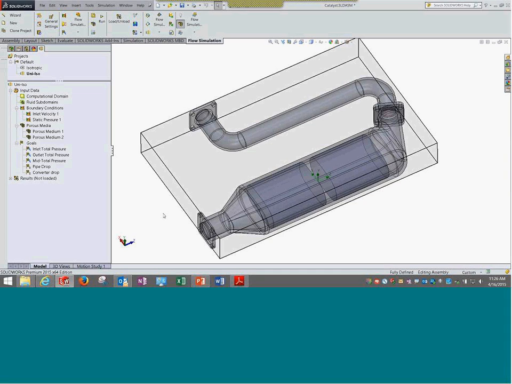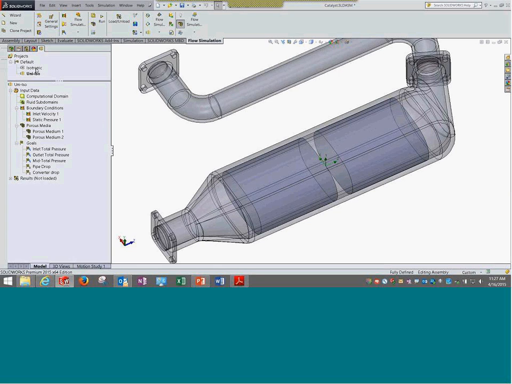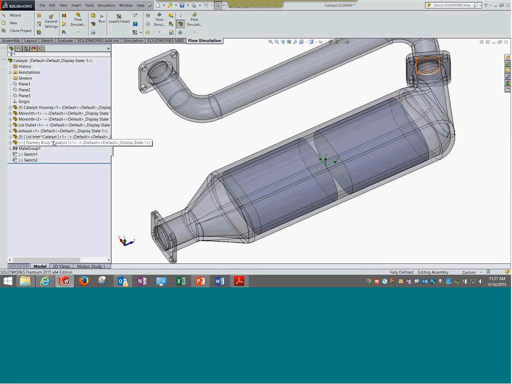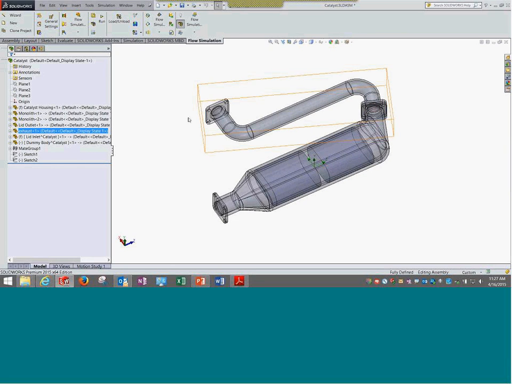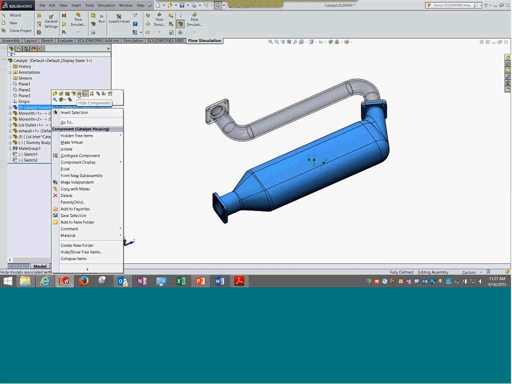Now coming to this example, we have two dummy components. Let me hide the computational domain. Let me show you those two components first. One is somewhere, oops, that is the outlet. Where is the housing? This, yes. So these two are basically filters and have been represented using dummy components.